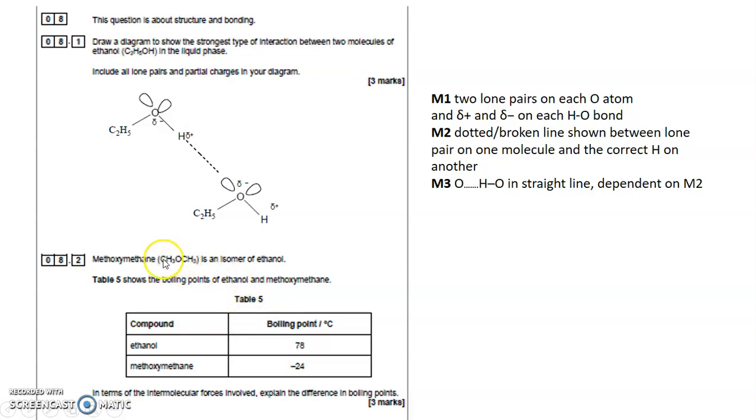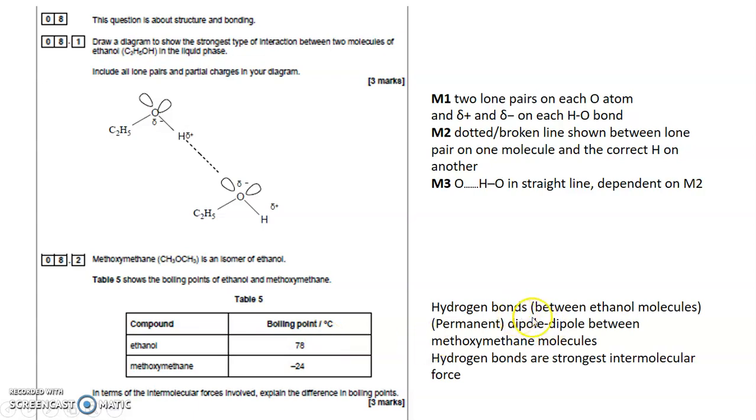So you have got some delta plus and delta minuses between the O and the C. The O is much more electronegative than the C, but the delta plus and delta minuses are not as large as in hydrogen bonding. So hydrogen bonding, high boiling point, strong intermolecular forces, and the hydrogen bonds are stronger intermolecular forces than the dipole-dipole attractions that are in methoxymethane.